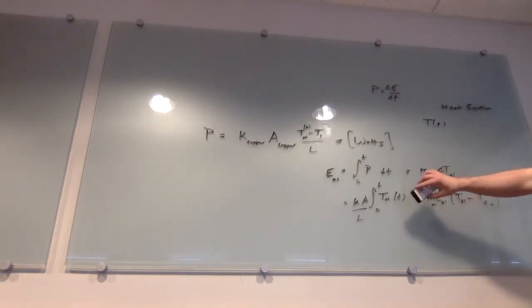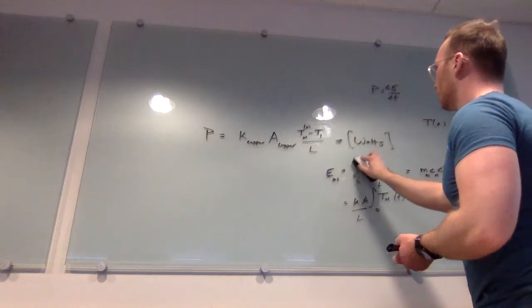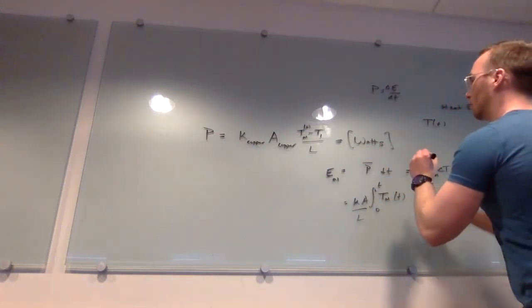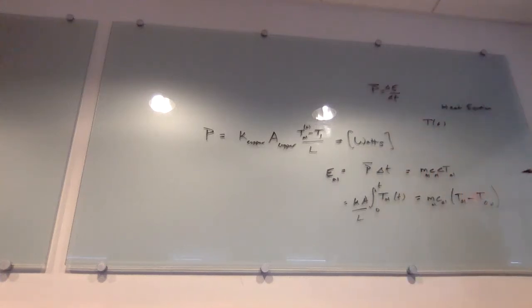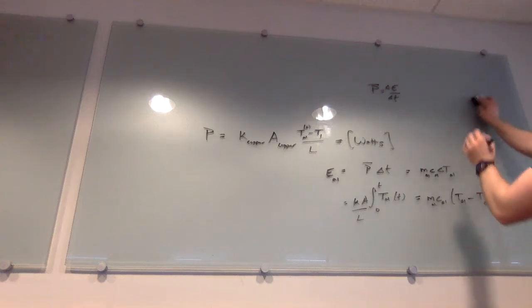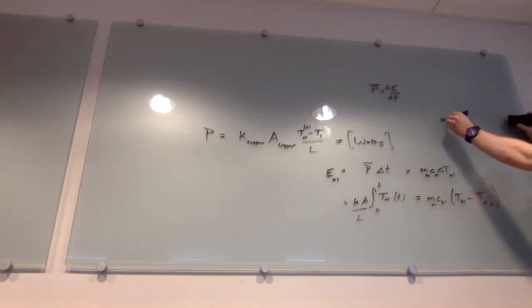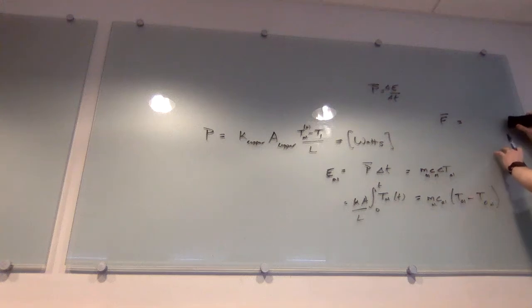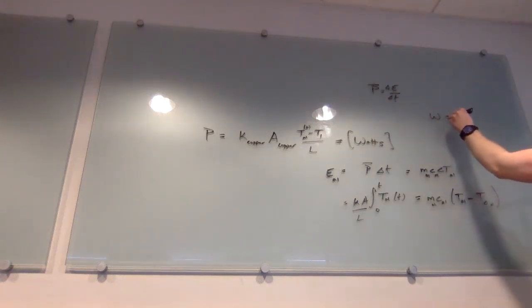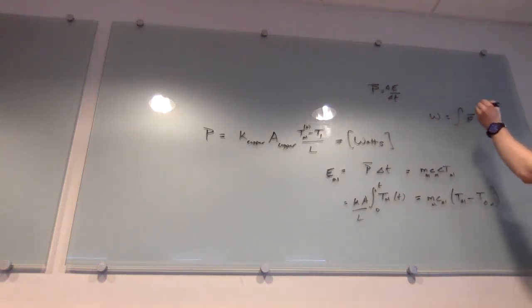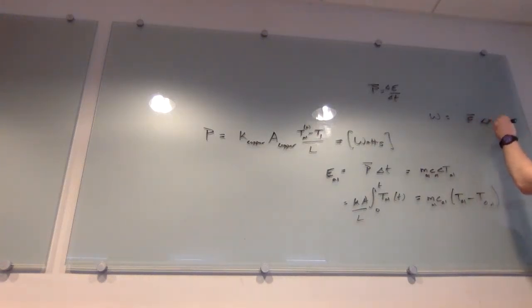So we could say instead we'll take the average power times delta T. We've used this same sort of form before, when we did the average force times dx for work.